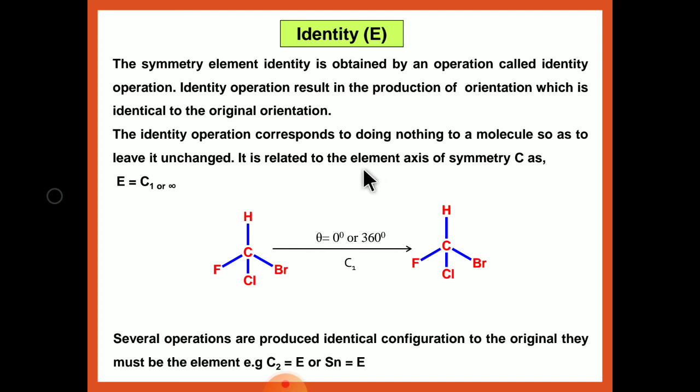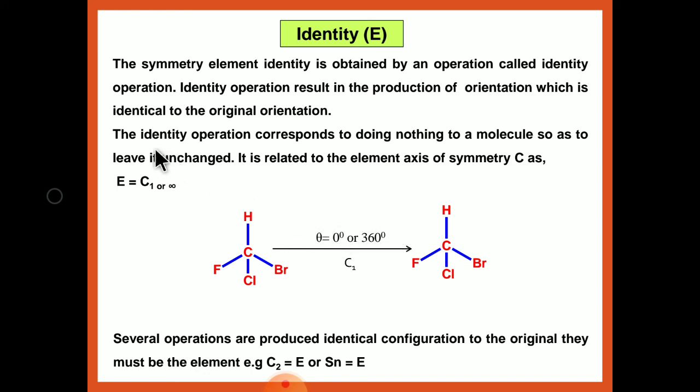It is related to the axis of symmetry C, as E is equal to C1 or C infinity. An example is any chiral molecule, which possesses a C1 axis. If we rotate this molecule by 0 degrees or 360 degrees, we will get the same configuration. See, like this, these two are exactly identical after 0 degree rotation or after 360 degree rotation.